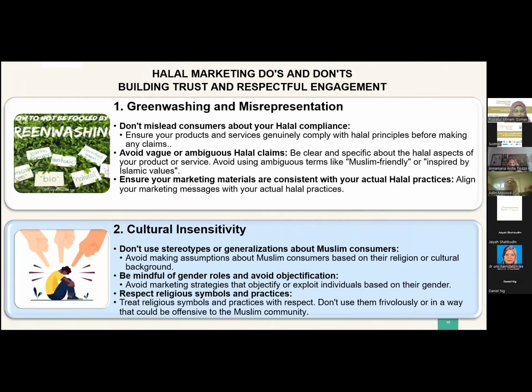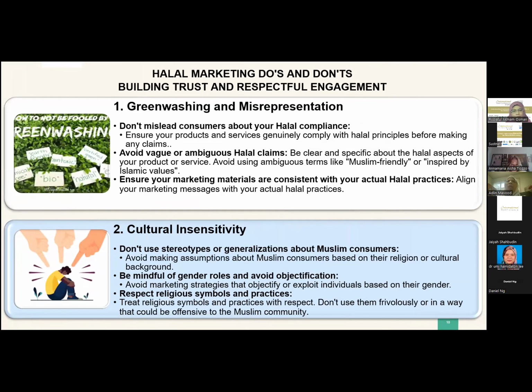So how do you build trust and encourage respectful engagement? We must look at greenwashing and misrepresentation, try to avoid it. So we must not mislead customers about the halal compliance, avoid vague or ambiguous halal claims, and ensure marketing materials are actually consistent with the halal practices.